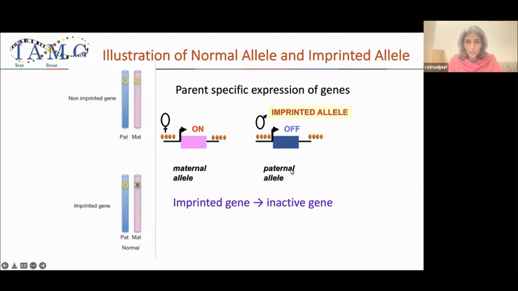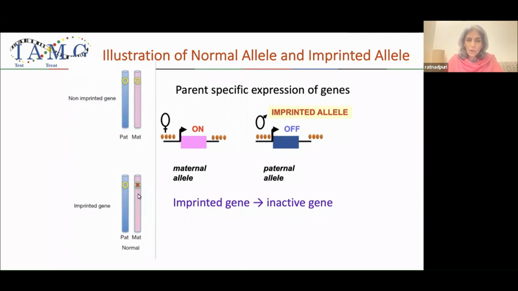In this normal individual, only one copy of this gene is functional, the one inherited from the mother, whereas the copy inherited from the father is imprinted or inactive, and it is not transcribing and thereby not translating. So the normal function of the gene is maintained by just one active copy that is inherited from the mother.